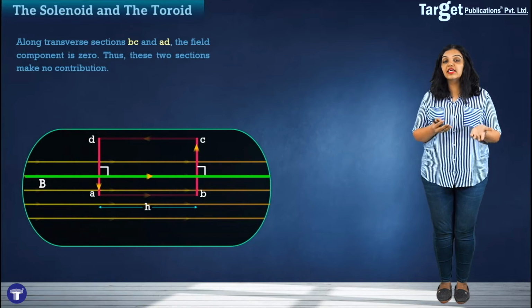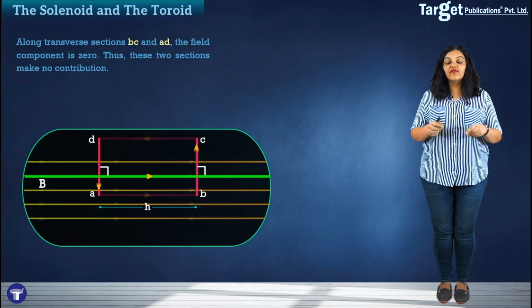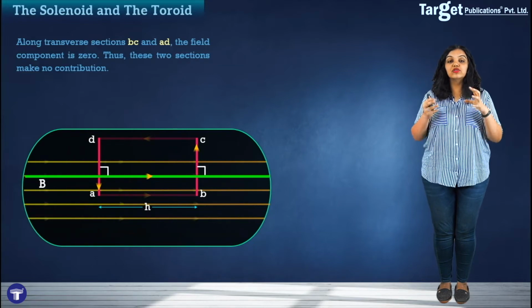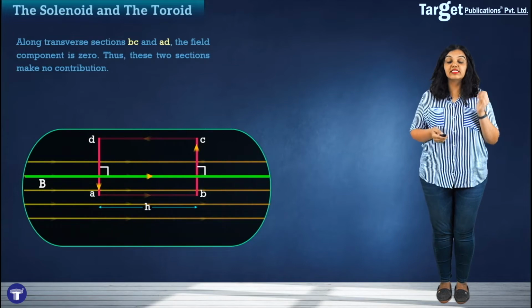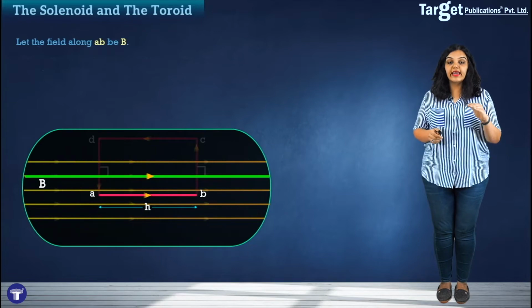So this is the case where the field is normal to the Amperian loop, and therefore there's going to be no contribution of AD and BC to Ampere's circuital law. So again we have to ignore AD and BC as well, which means the only thing that is valuable to us is the side AB.